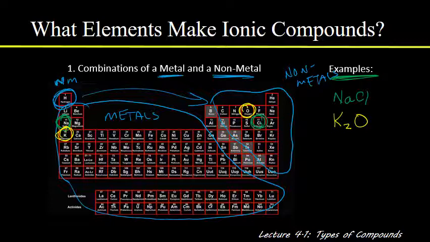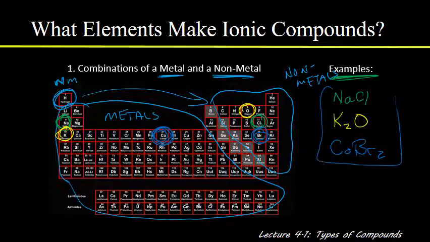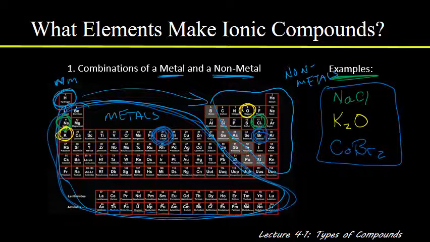Or, again, let's go into the transition metals. Maybe something like cobalt and bromine. So you might have something like cobalt bromide. These are all things that would be considered ionic compounds, and we recognize that because we've got a cation, a metal over here forming a positive ion, and a nonmetal over here forming the anion.